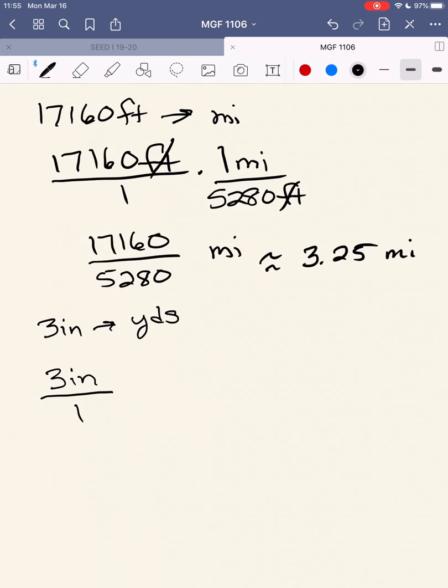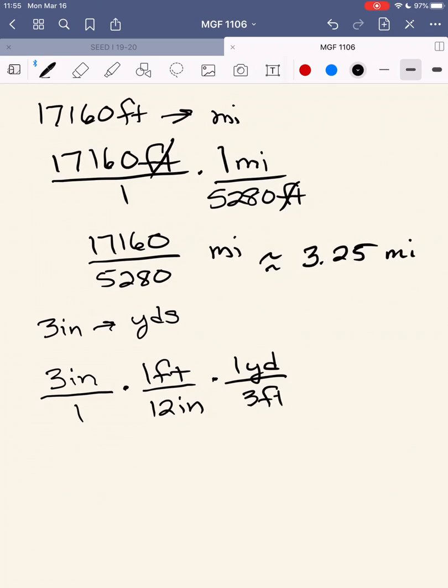Now I'm going to do the intermediate step. I could go from one to the other directly, but I'm going to go to feet first. So 1 foot is 12 inches. Then I'm going to go from feet to yards. I have 1 yard is equal to 3 feet.